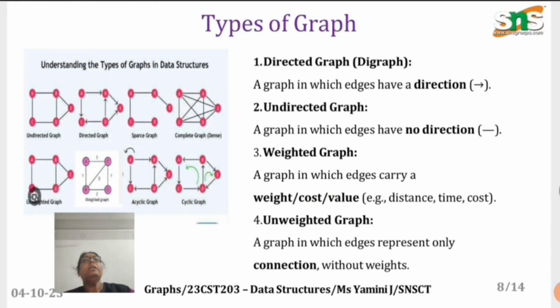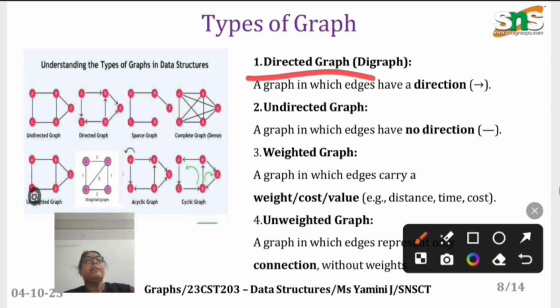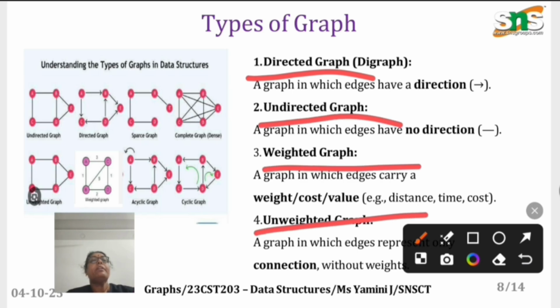Next one, types of graphs. There are so many types of graphs. First one, directed graph. Next, undirected graph, weighted graph, unweighted graph, cyclic graph, acyclic graph, and sparse graph. A directed graph has edges with directions, like a one-way road.